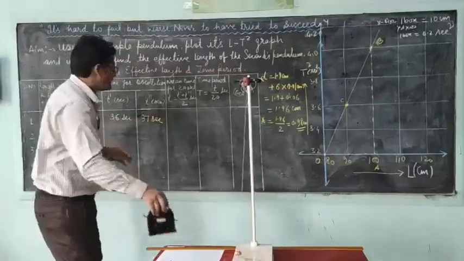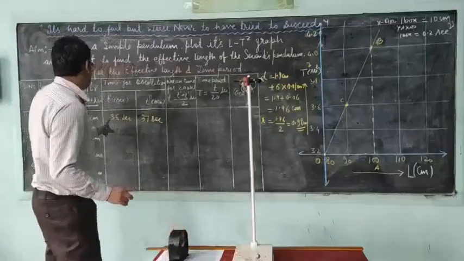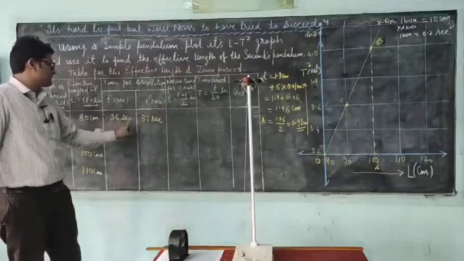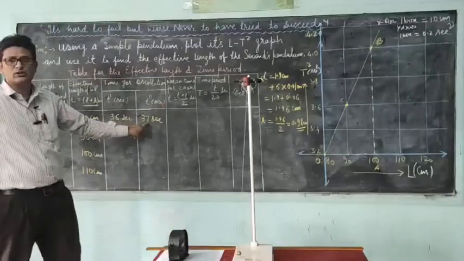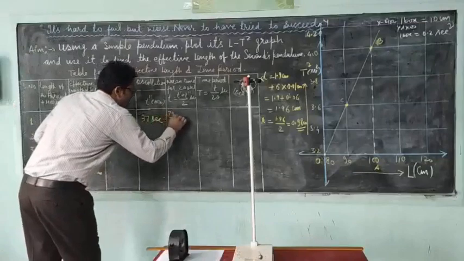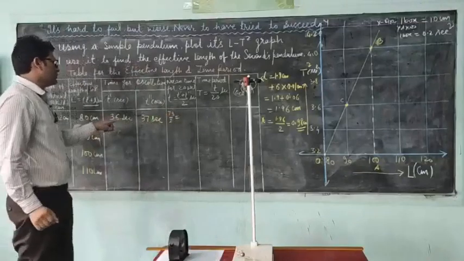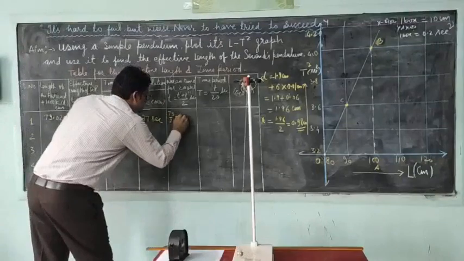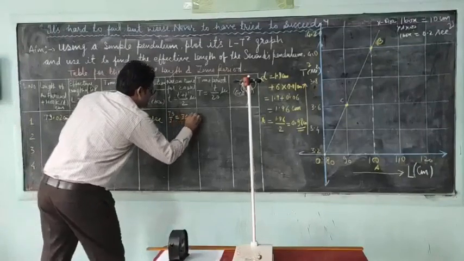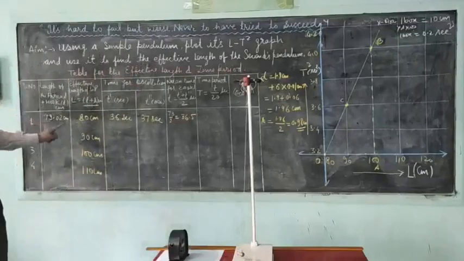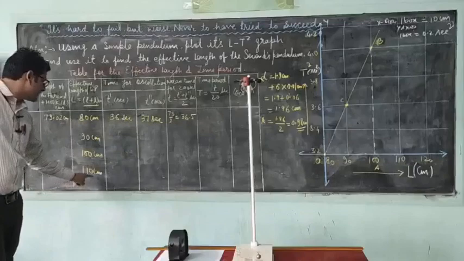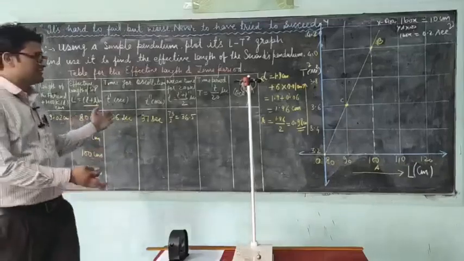Clear? Then we will find the mean. How will you find the mean? You add both the terms and divide by 2: 36 plus 37 is equal to 73, divided by 2 is equal to 36.5.